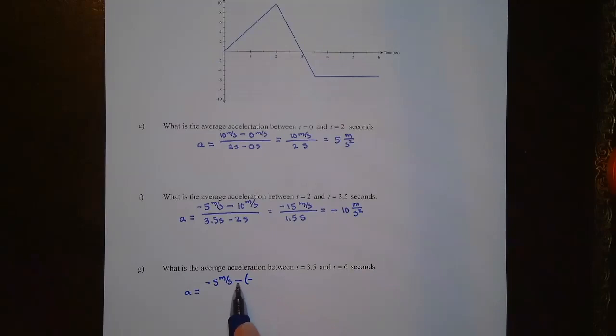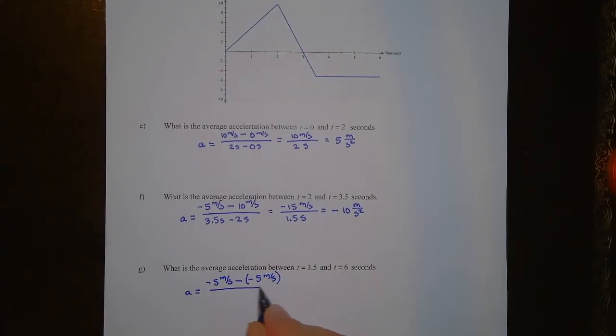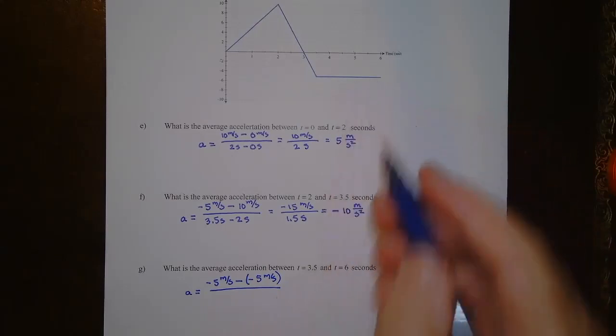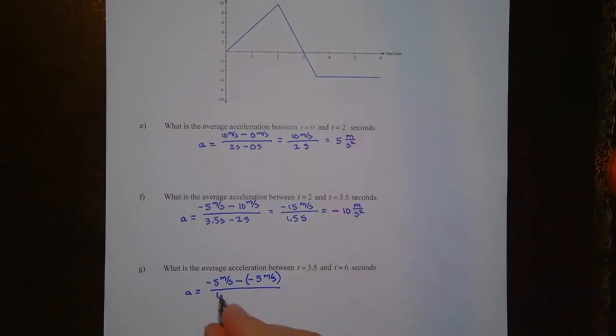Now, that minus is not a negative, so we have to subtract the -5 meters per second, over 6 seconds minus 3.5 seconds. So the numerator becomes -5 plus 5, which is 0 meters per second, over 2.5 seconds.